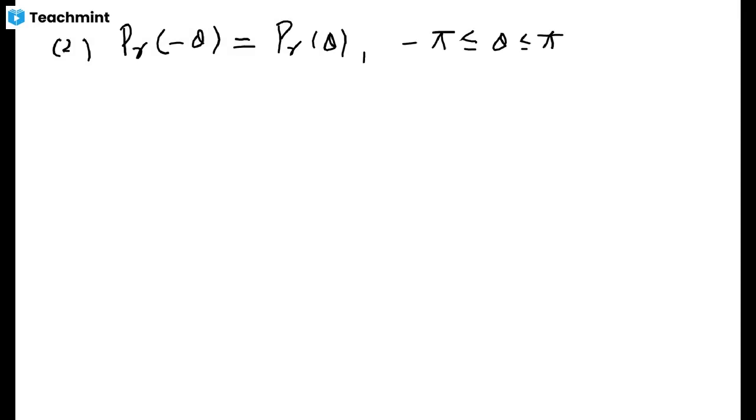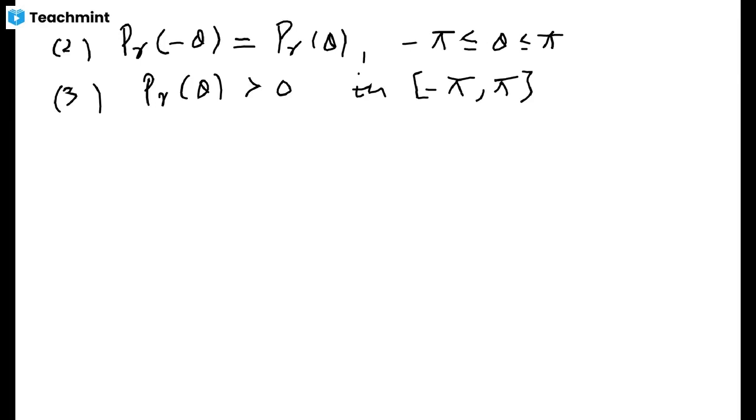And the second is that it is an even function of theta, where theta is restricted to this interval. There are some properties which directly follow from the definition, so it is always positive on this interval of theta, whatever r it is.